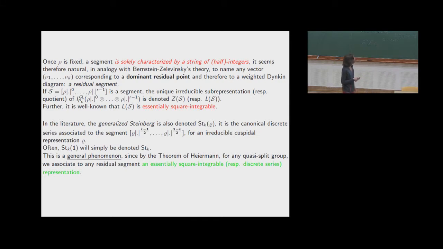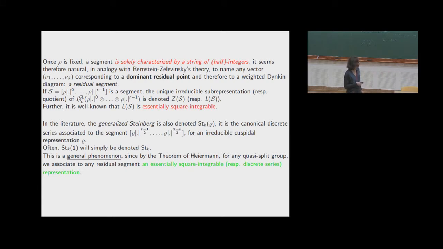And in the context of Bernstein-Zelevinsky, if you look at such an induced representation with a dominant segment, which is actually, in my language, a residual segment which is dominant, you have a unique quotient which is essentially square integrable, called the Steinberg representation. So the Steinberg representation is a subrepresentation when you write the segments in decreasing order like this one. And as I said, this is a general phenomenon.